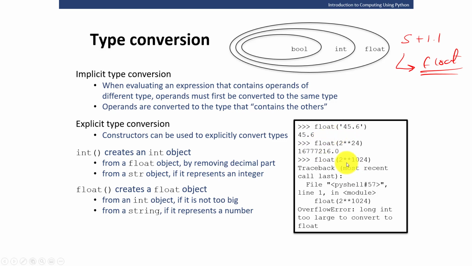Now say I want to try to trick the interpreter. I know that 2 to the power 124, if I evaluate it as an integer, is going to give me a number. But suppose I want to convert it to float, this will create an overflow if the integer is too large to be converted to a float, okay?